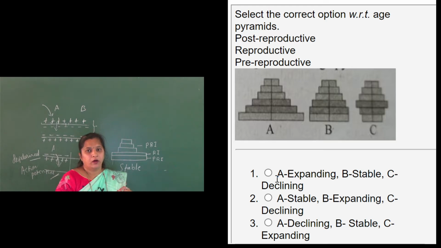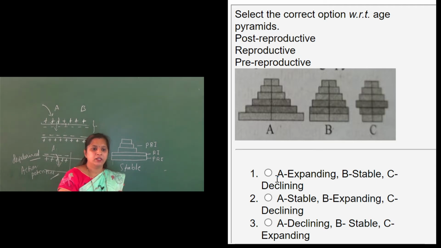A population at any given time has different age groups: pre-reproductive, reproductive, and post-reproductive. In this diagrammatic representation, the pre-reproductive individuals occupy the base, followed by the reproductive age people, and at the top the post-reproductive age group people.